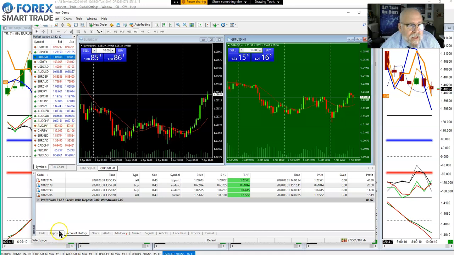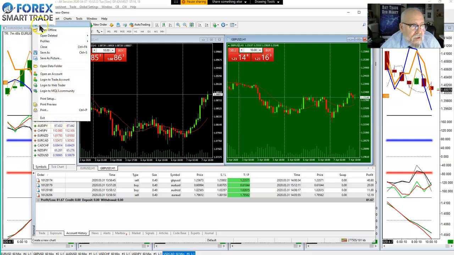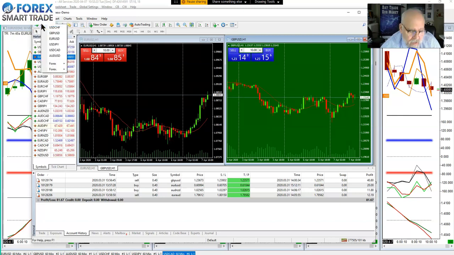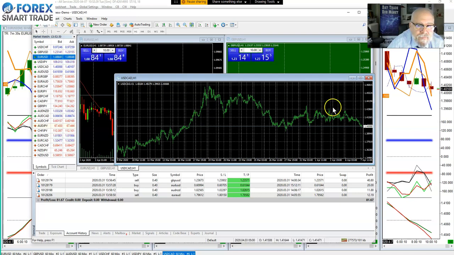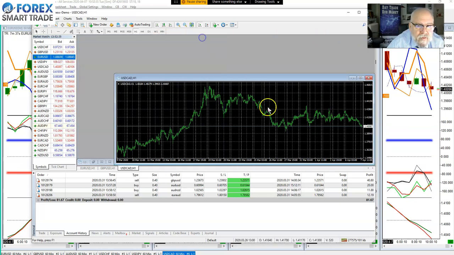So I bring up my CoinX MetaTrader 4. I want to open the charts that I want to trade. To open a chart, I'm going to go to File, New Chart, and then I'm going to look for the 2 symbols. So one is USD Canadian, which is right here. Let me get rid of these.